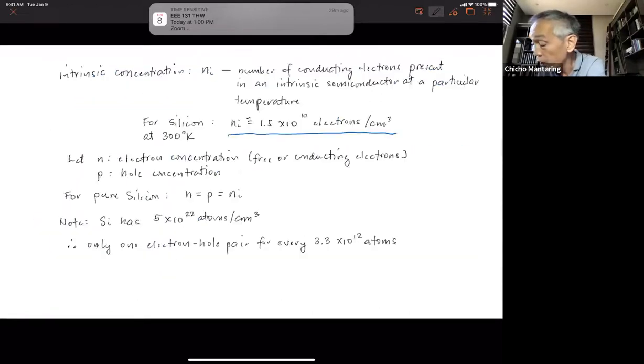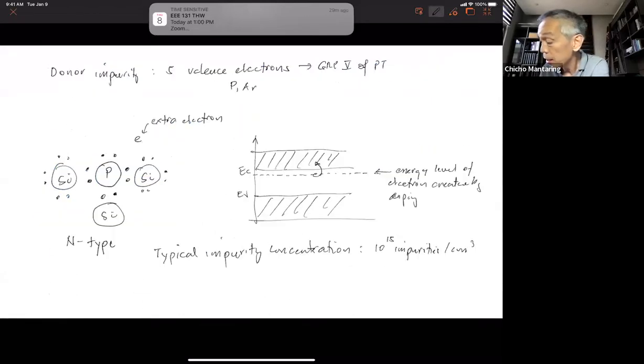Now, if you recall, we said that silicon has 5 times 10 to the 22 atoms per cubic centimeter. What does that mean? This translates to 1 impurity for every 5 times 10 to the 7 atoms, or 1 impurity for every 50 million atoms.